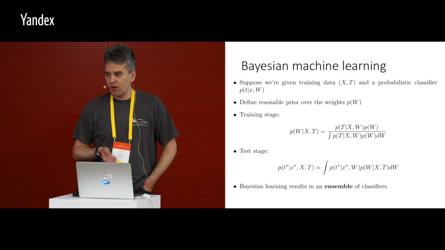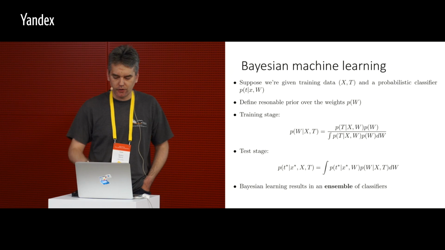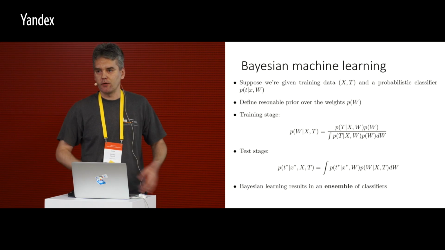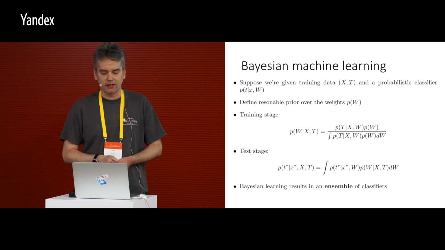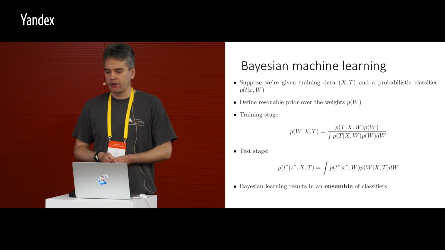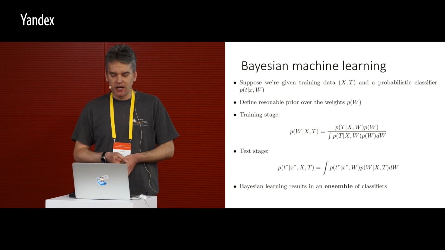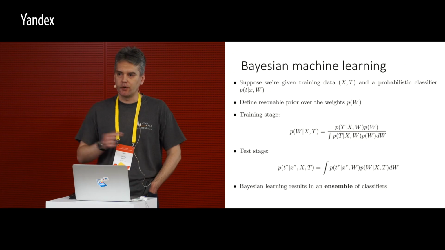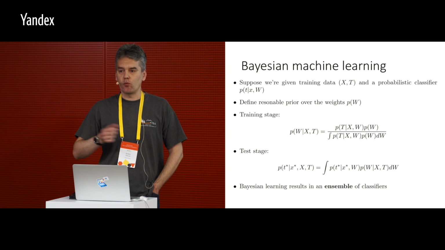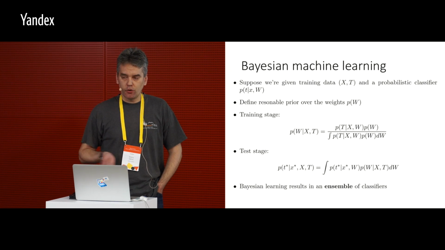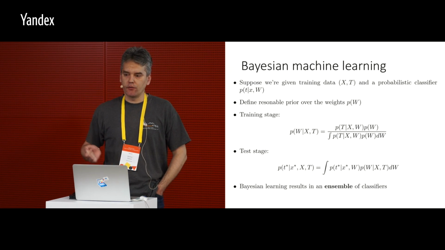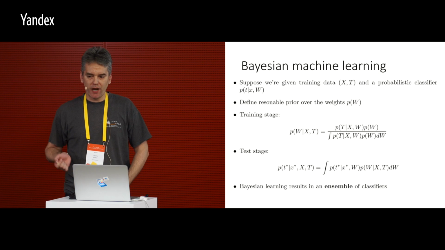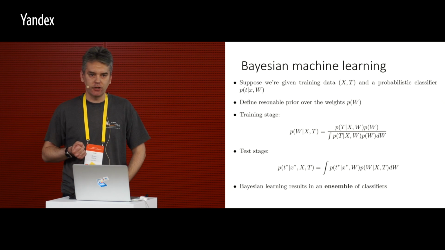So how can it be applied to machine learning? So consider the standard formulation. We're given training set (x, t), where x are features, t are hidden labels, and we are given probabilistic classifier, which returns us the probability of hidden variable given the observed variable and given some weights to be adjusted. So if we define a reasonable prior p(w), then we may construct Bayesian procedure.